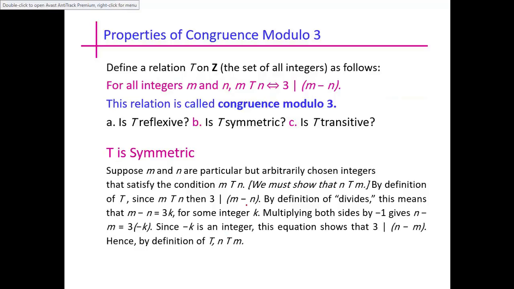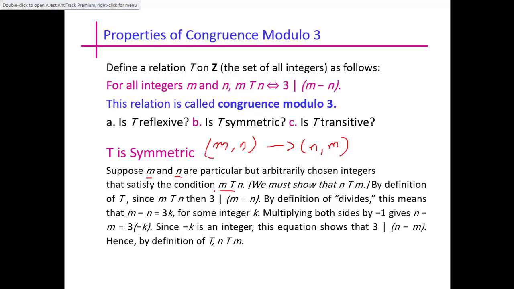Now we check this example for symmetry, whether this relation is symmetric or not. So for this we need to show that if m is related to n, then n is related to m.